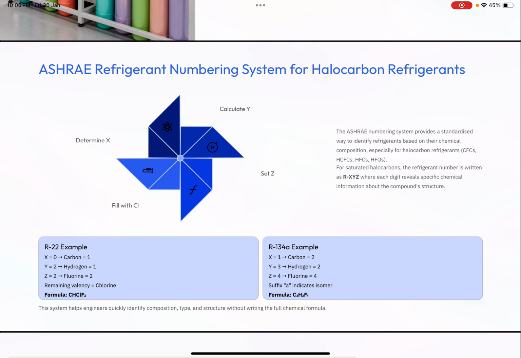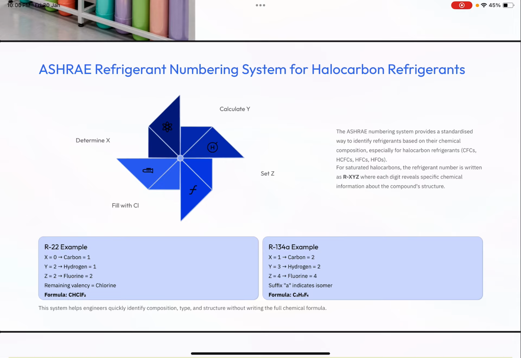The hydrogen atoms are 2, because 3 minus 1 is 2. And fluorine is 4, because Z is as it is, and the third place is 4. So fluorine is 4, hydrogen is 2, because 3 minus 1 is 2, and carbon is 2, because 1 plus 1 is 2.